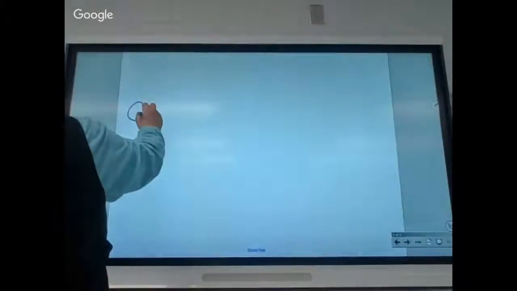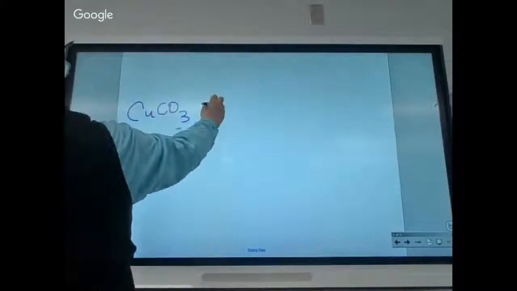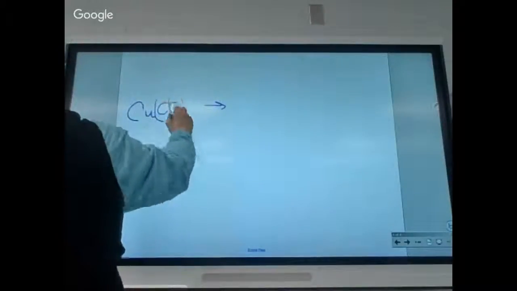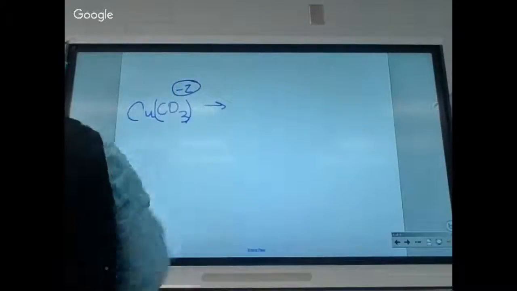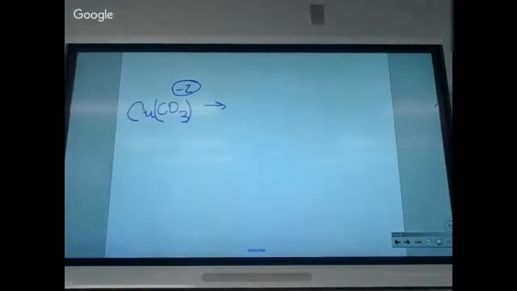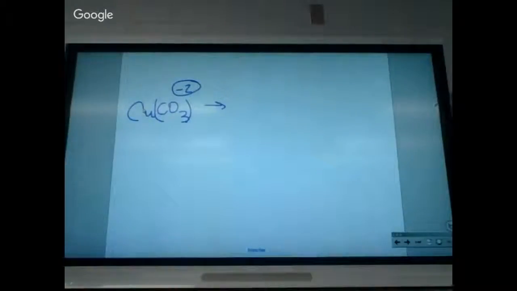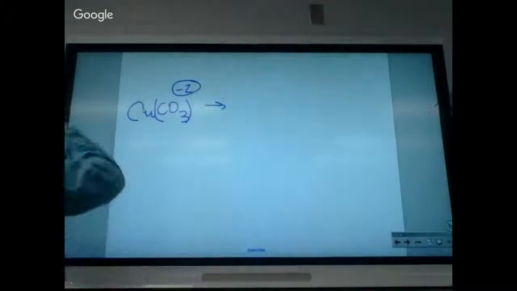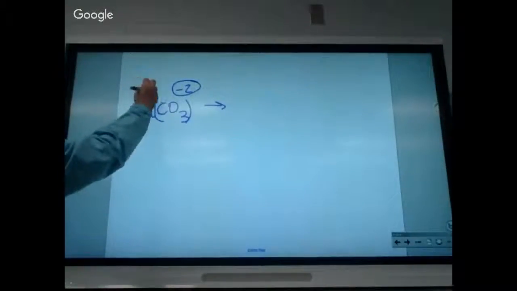In 11, you have CuCO3. You have to recognize that CO3 has what oxidation number? It has a -2. Is it in the formula? No. So what happened to it? It canceled out. So if the 2 went away, that means copper has what oxidation number? +2.